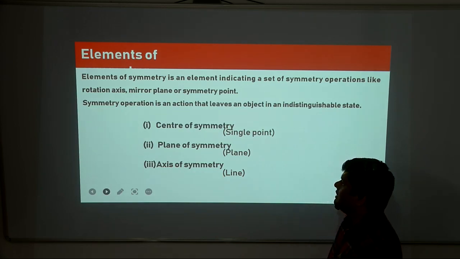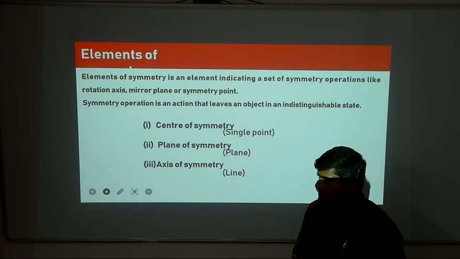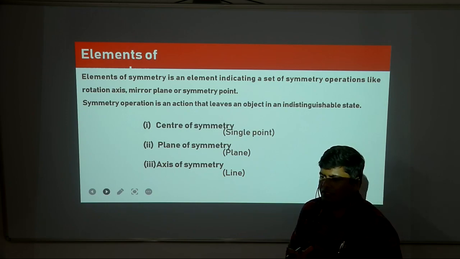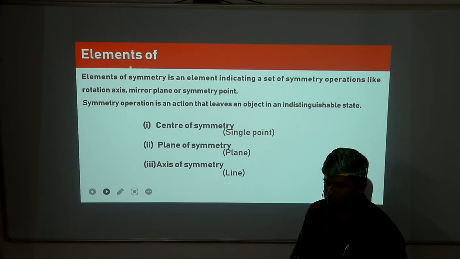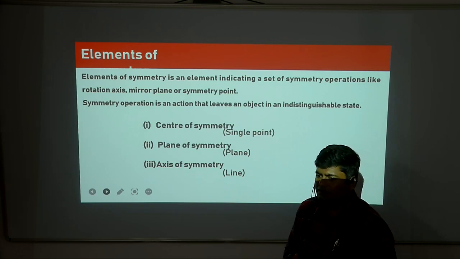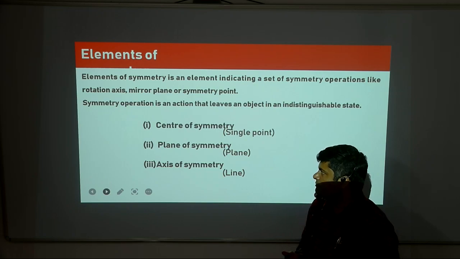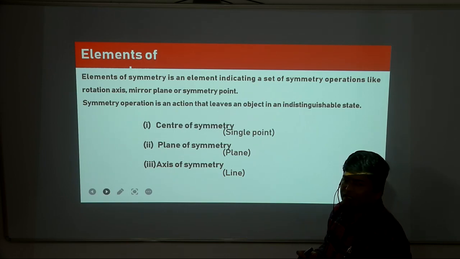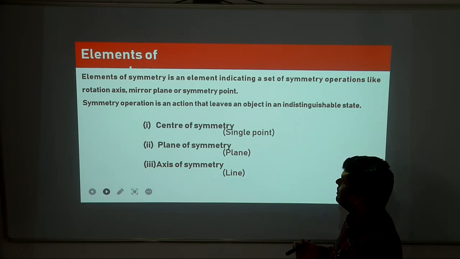What it means is, if we perform the symmetry operation, the object will be left in an identical or symmetric situation, or the same environment of a system. So symmetry operation is an action that leaves an object in an indistinguishable state or phase.